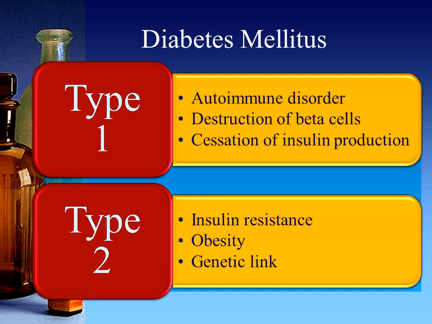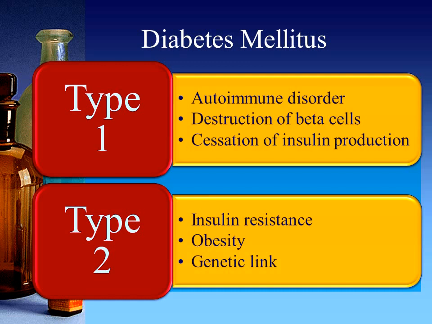Glucose doesn't go into the cells, so the body ends up breaking down proteins and fats for its energy sources. When the body breaks down fats, we get a circulation of acetone happening in the blood, and this forms ketones, and that's where we call it diabetic ketoacidosis.